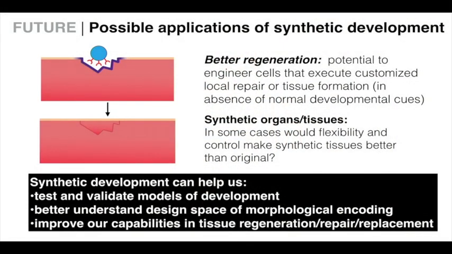Overall, we think that synthetic development can help us test and validate fundamental models of development and better understand the design space of how we write these sorts of morphological codes. That also will inherently give us much better capabilities in tissue regeneration, repair, and replacement.